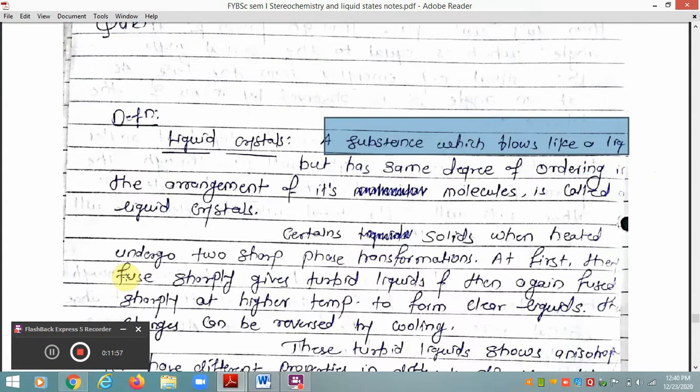So it shows the properties of a solid also, and the properties of a liquid also. It flows like a liquid, but there is an arrangement of molecules or atoms in a structure, and it is called a liquid crystal.